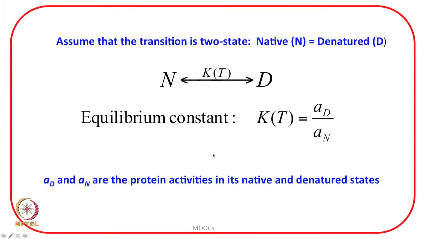If the concentrations are very low, we assume that the activities are the same as the concentrations. So Kt is equal to the concentration of the denatured form divided by the concentration of the native form.